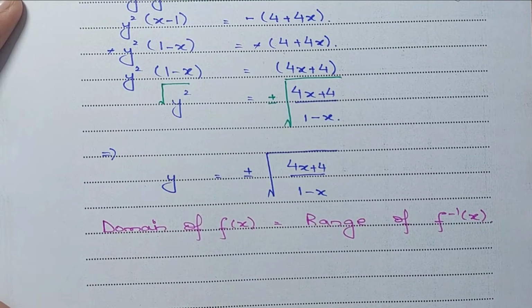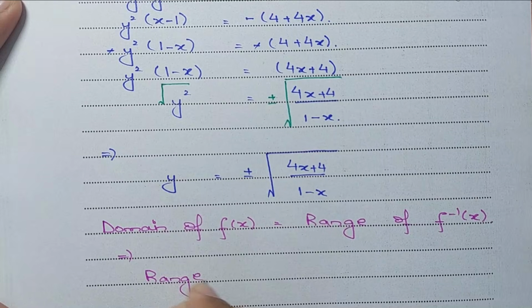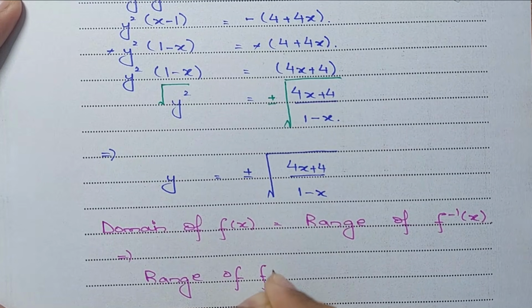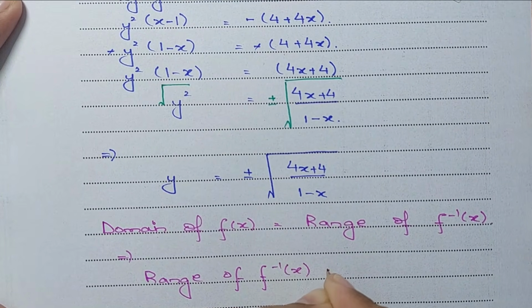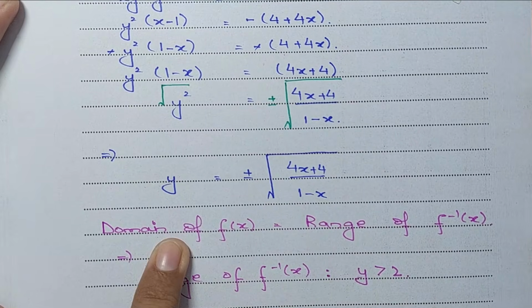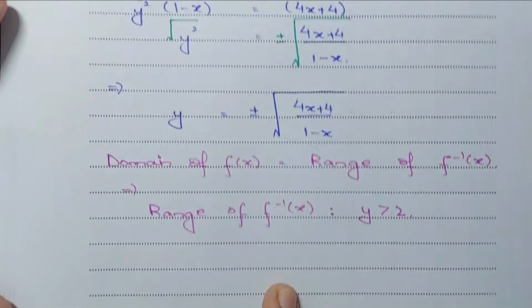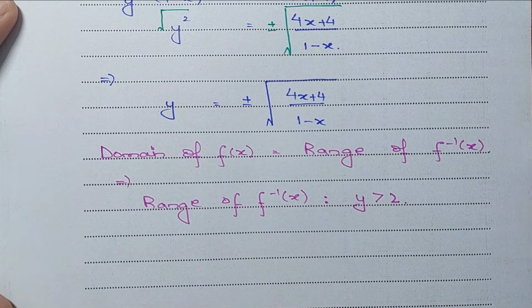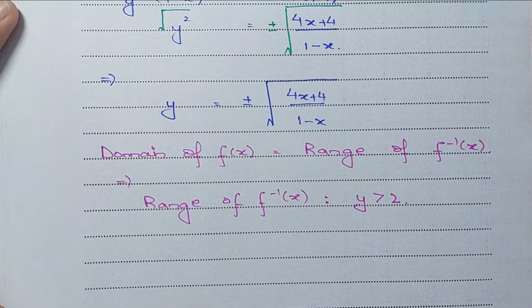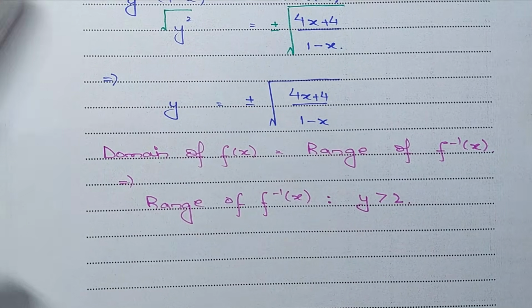So this implies what is my range of f inverse. The range of f inverse of x would be y greater than 2. This is the domain of f, which is x greater than 2, but for the range we use the variable y that should be greater than 2, meaning all the values more than 2, 3, 4, 5, 6, 7, up till positive infinity.